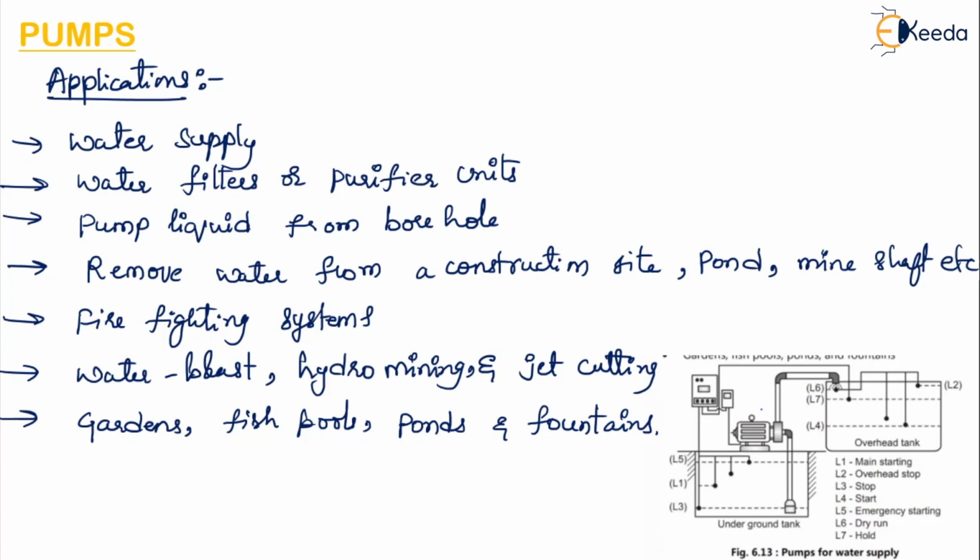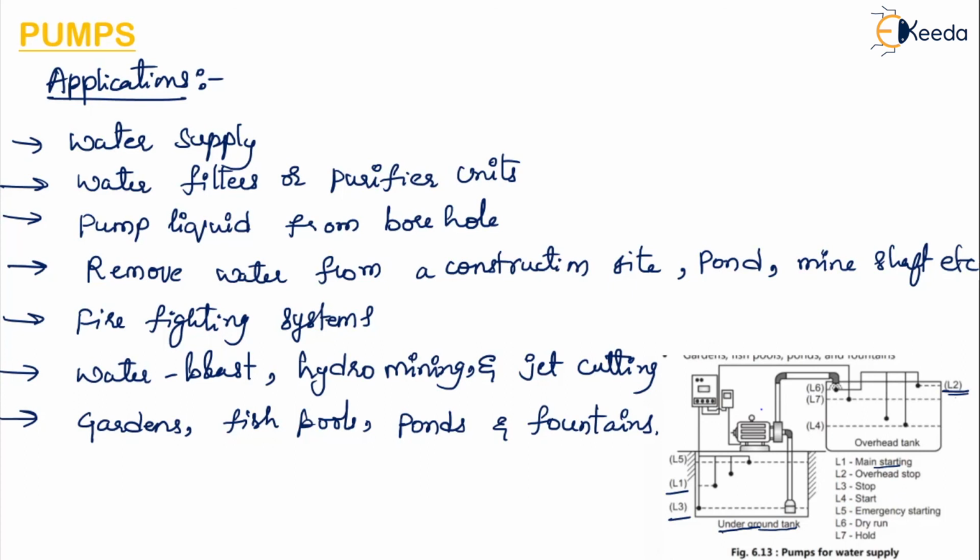So here they have given different levels. Okay, so L1 is the main starting, then the L2 is the overhead stop. So here, this is an overhead tank and underground tank. So from the underground water, how we are going to raise the water to the overhead tank is shown here. Okay, so from L1 main start to L2 the water reaches from different stops.